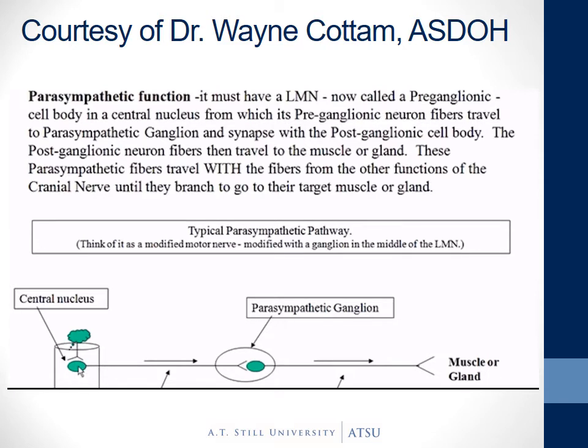The preganglionic fiber or nerve then exits the central nervous system and travels to a parasympathetic ganglion, where it then synapses with the postganglionic cell body, and the postganglionic fiber then leaves that parasympathetic ganglion and travels to the target muscle or gland. And that is a summary of the parasympathetic function of a cranial nerve.